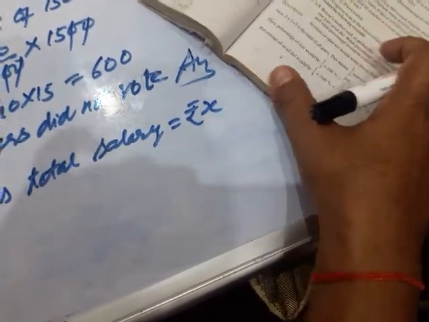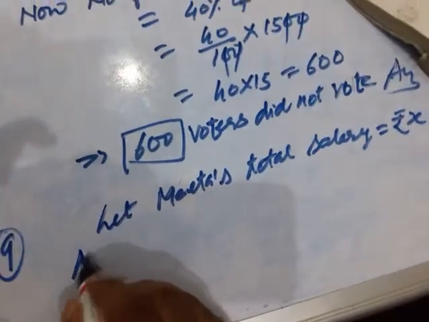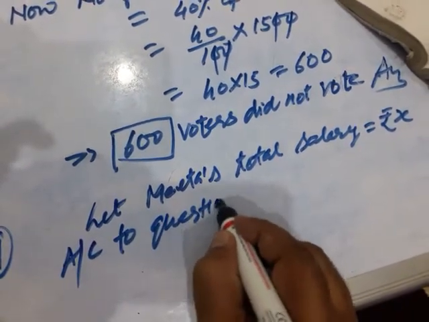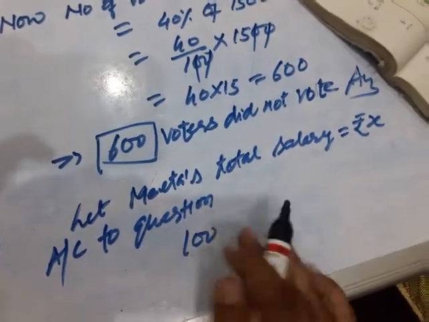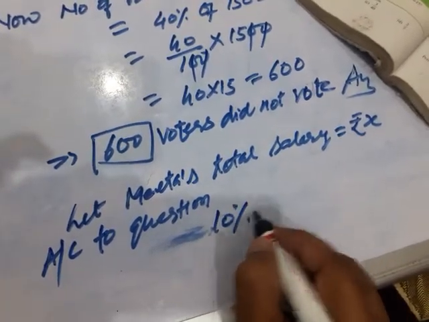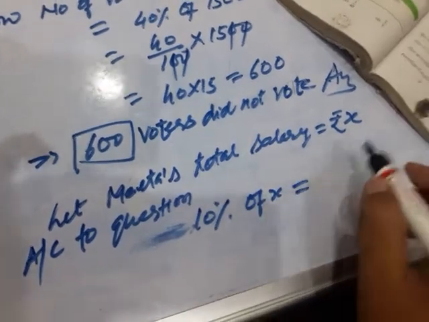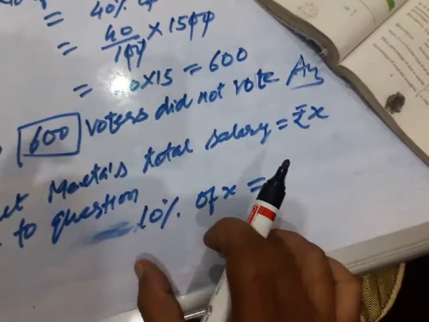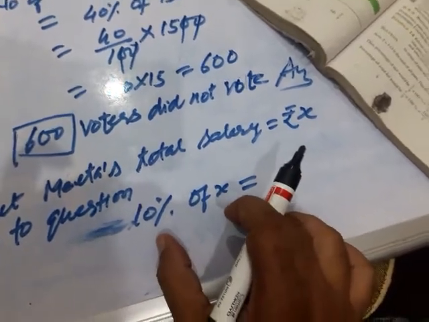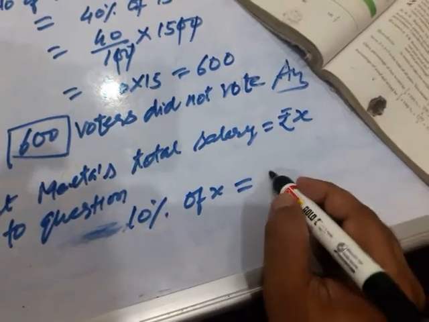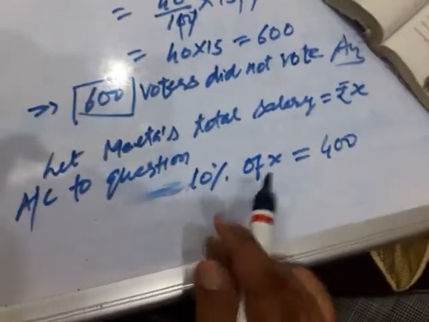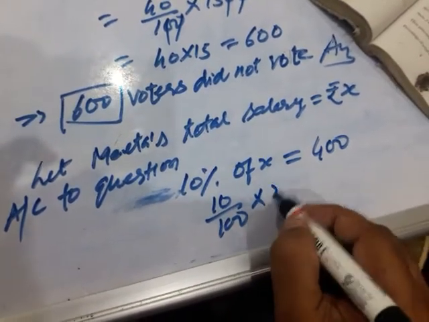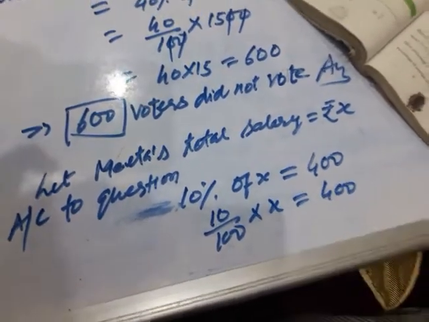If this is 10% of her salary, then according to the question, 10% of X equals how much? 10% of the total salary she saves. And that 10% is given to be 400 rupees. So 10% of X, that is 10 upon 100, of means multiply, that is x, and this is equal to 400, children.